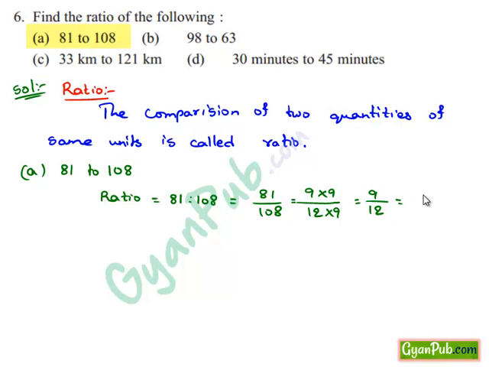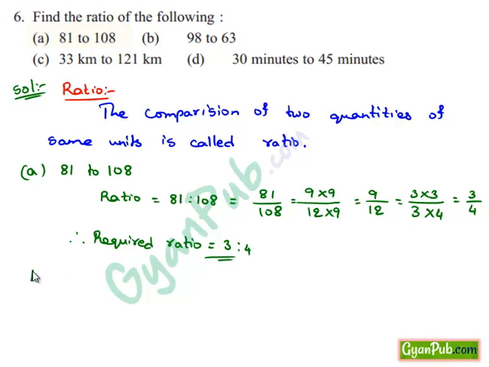This in turn can be written as 3 times 3 upon 3 times 4, which is equal to 3 upon 4, since 3 in the numerator and 3 in the denominator get cancelled. Therefore, required ratio is equal to 3 is to 4.